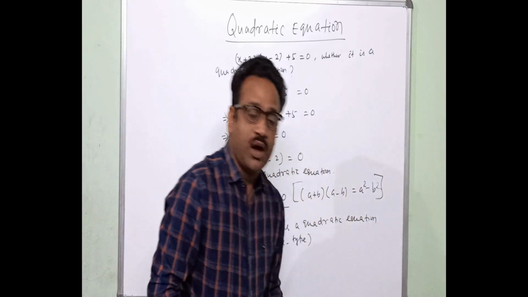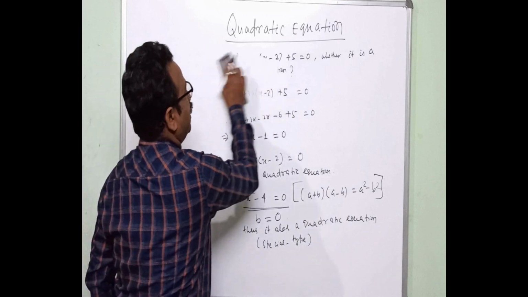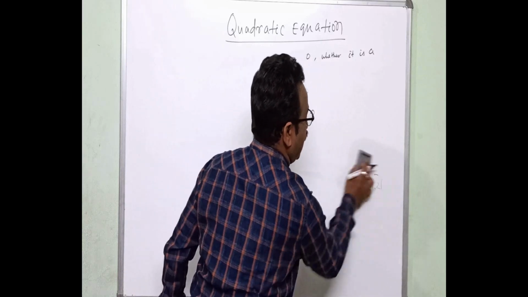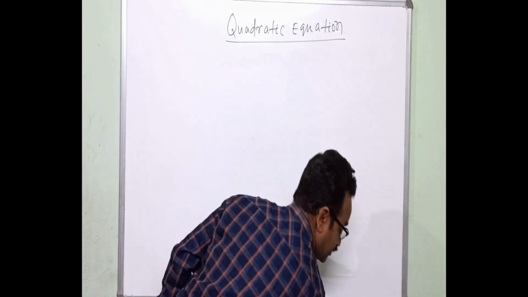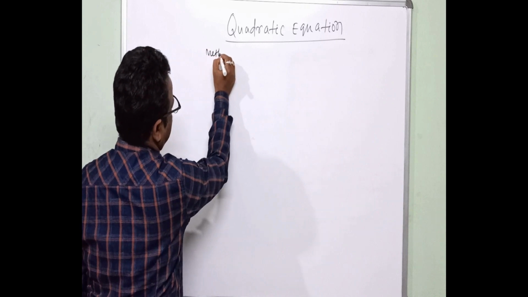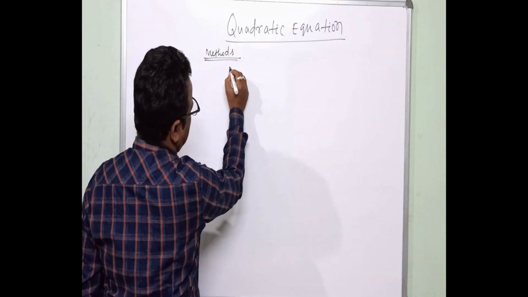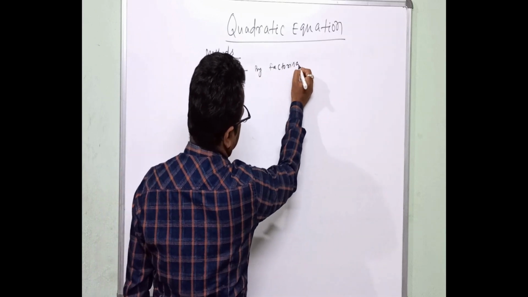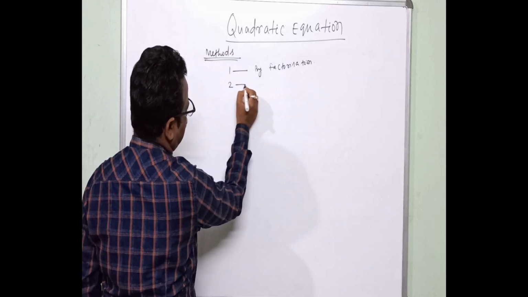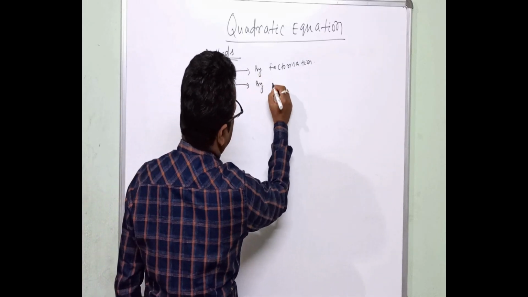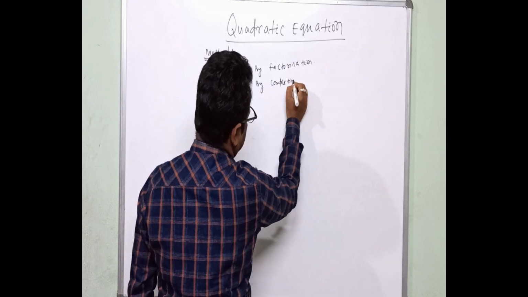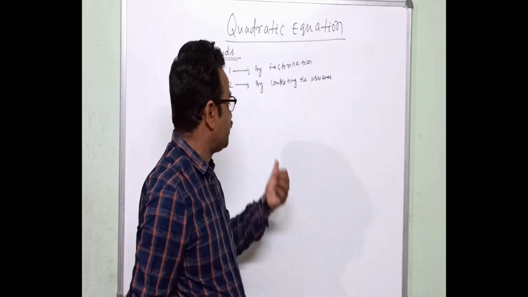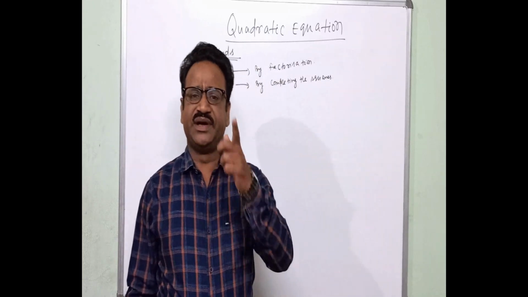Now, moving forward, the methods of solving quadratic equations. Method number 1, by factorization. Number 2, by completing the squares. This method of completing the squares has been eliminated from the syllabus.